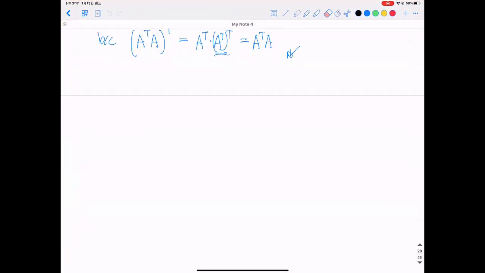Okay, so now the next thing is the following object called the identity matrix.